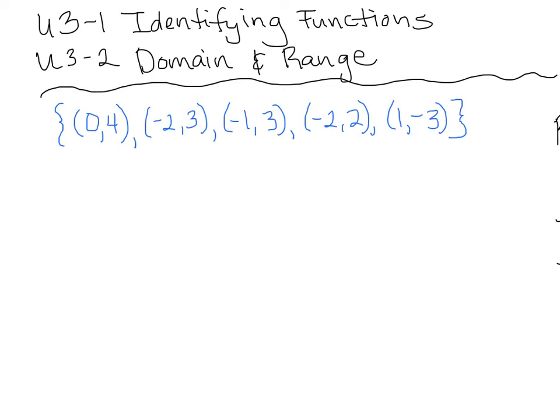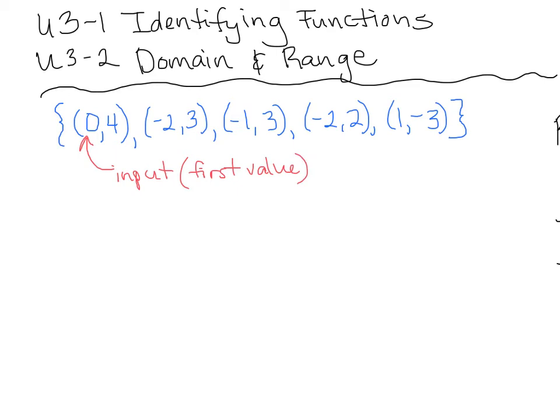So this is what a relation can look like as a list of ordered pairs. Okay, it's a set of pairs of inputs and outputs. Okay, so here the input is always the first value. Okay, so it's the first value.